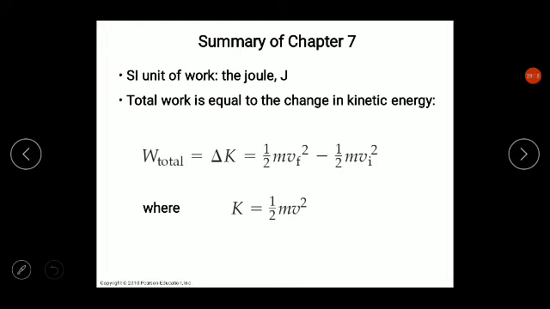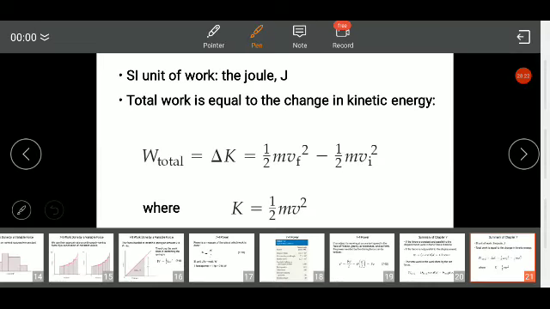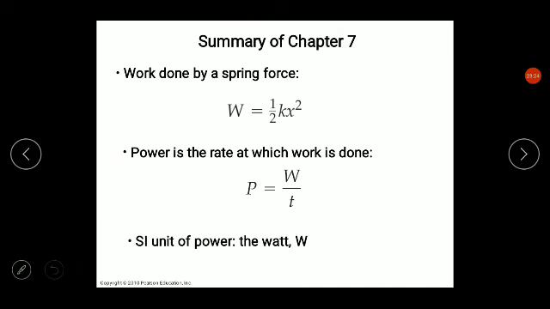If the unit of work is joule and work is related to energy, then the unit of energy must also be in terms of joule. This is the equation for spring forces. Work done on spring, work done by spring. So you have to be careful with these terms.